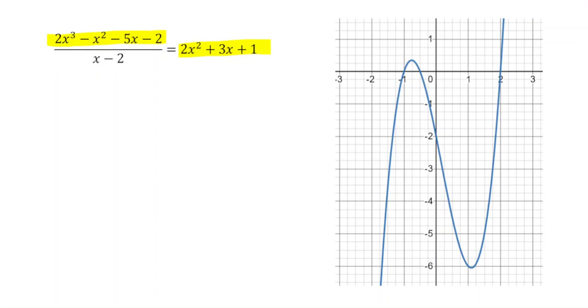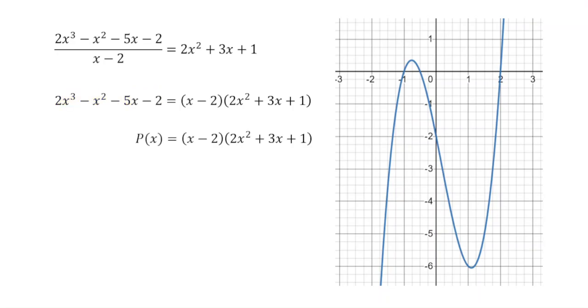Let's multiply both sides by x minus 2. So if we multiply both sides by x minus 2, what we should get is this, right? The polynomial p of x is equal to x minus 2 times the second polynomial, 2x squared plus 3x plus 1. So P of x is equal to these two things multiplied together.